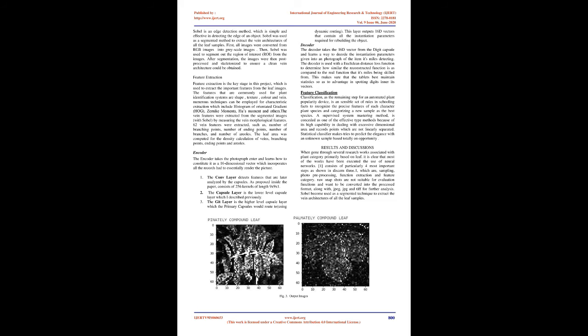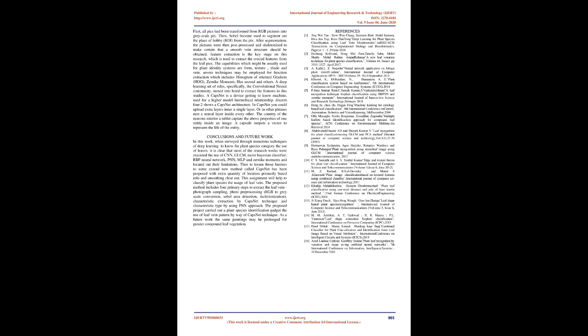The primary capsule layer is the lower level capsule layer which I described previously. 3. The digit capsule layer is the higher level capsule layer which the primary capsules would route to, using dynamic routing. This layer outputs 16D vectors that contain all the instantiation parameters required for rebuilding the object.